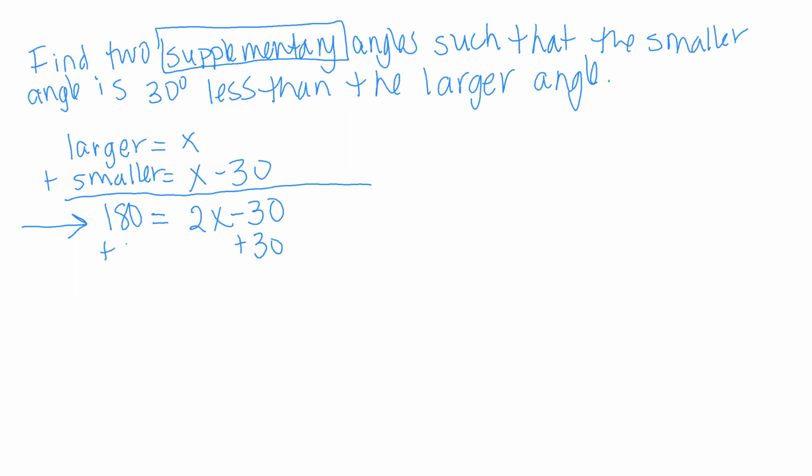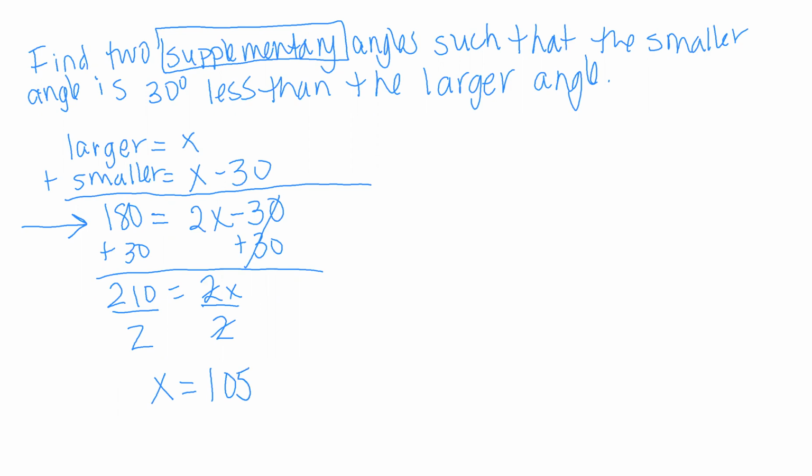I do that by adding 30 to both sides. Let's see, 180 plus 30 is what, 210? So 210 is going to equal 2x. The 30s have canceled. All right, and at this point, I want to undo the multiplication of my 2 and my x. So I divide by 2. The 2's cancel, that leaves me with 1x, and 210 divided by 2 is 105.